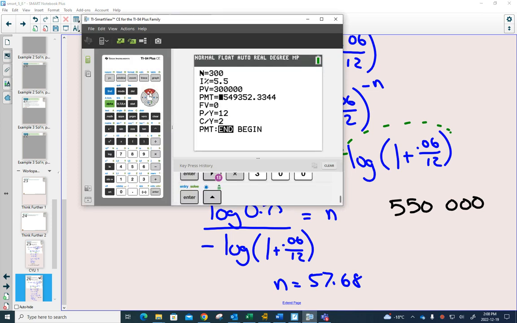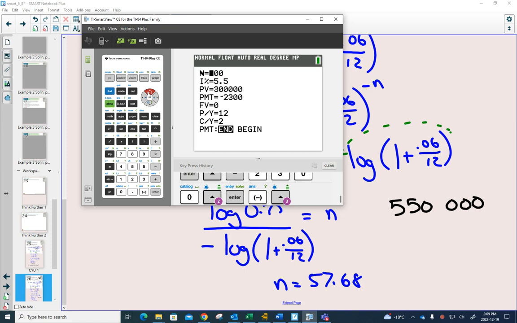Now you're making some more money, your job is better, and you can afford an extra $500 a month. Or you could spend that $500 on restaurants and brand new shoes every day. Ooh, very exciting. But if you decide, I would rather take this $500 and increase my payments, so instead of $1,800 a month, I'm going to increase my payments to $2,300, it would make you pay off your house faster.